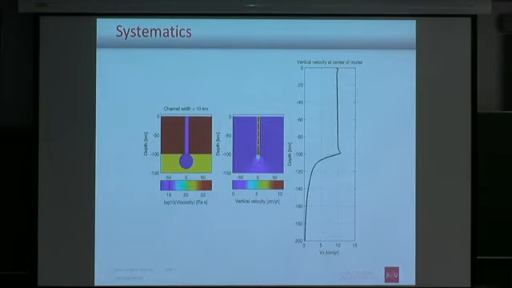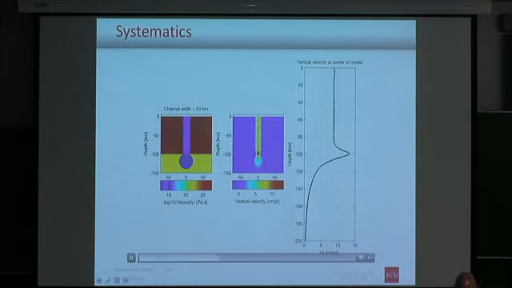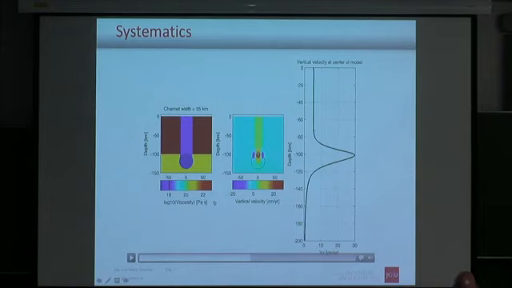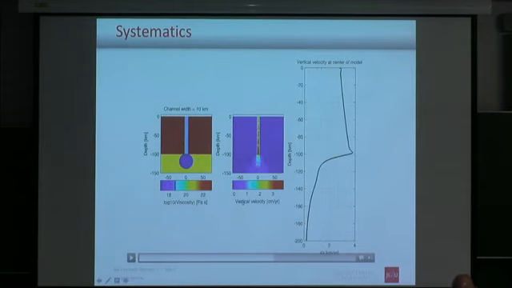And which you can also see nicely here. But if you make the dike much wider, then you actually get a Rayleigh-Taylor instability over here at the interface.